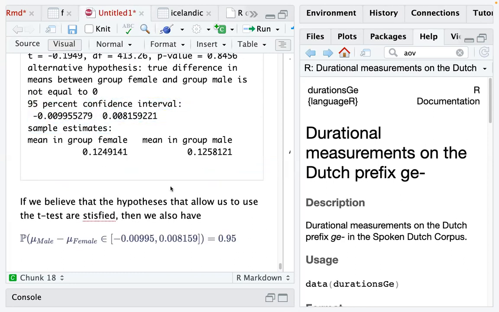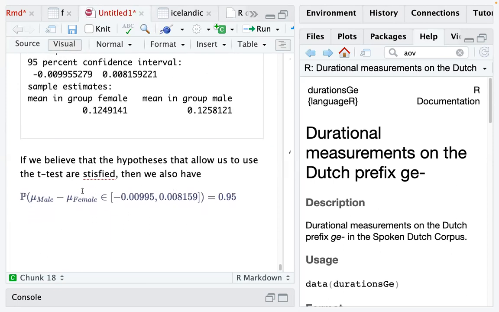So recall the interpretation of probability as the degree of belief.